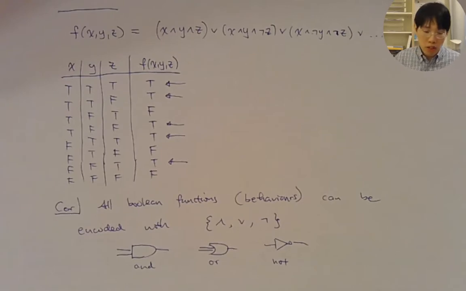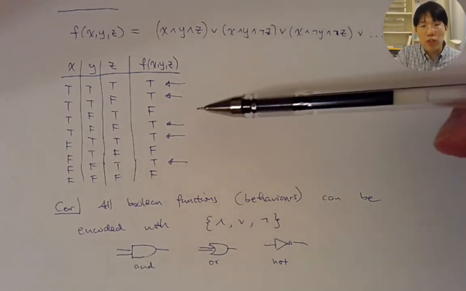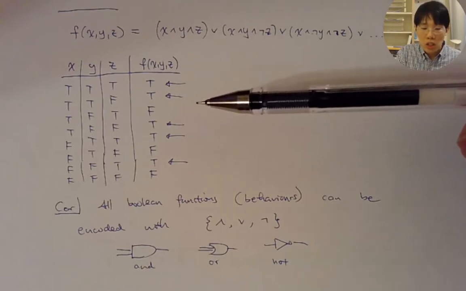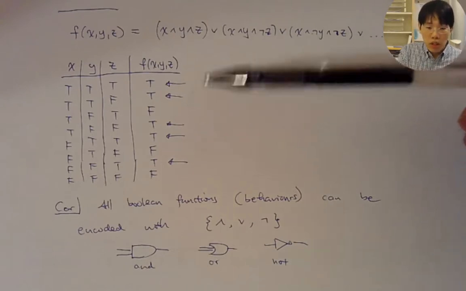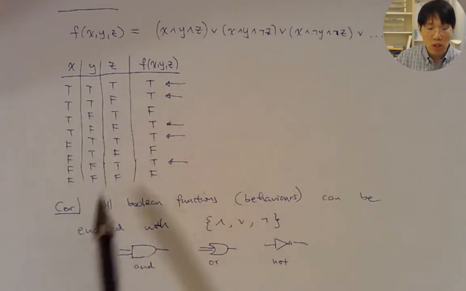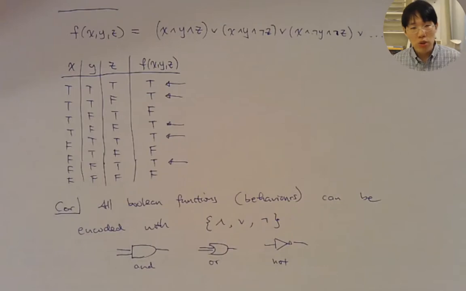And so what this means is that any behavior you want to check, for example, perhaps you have a user typing in a credit card number. It's a 16-digit number. You can encode that using binary numbers, so it's a bunch of trues and falses to encode those 16 digits. And then you can have a Boolean expression like this that checks whether that's a valid credit card number, because not all 16-digit numbers are valid credit card numbers.